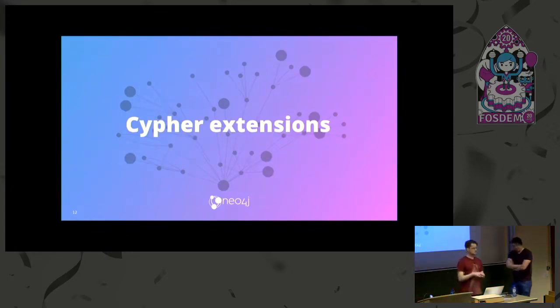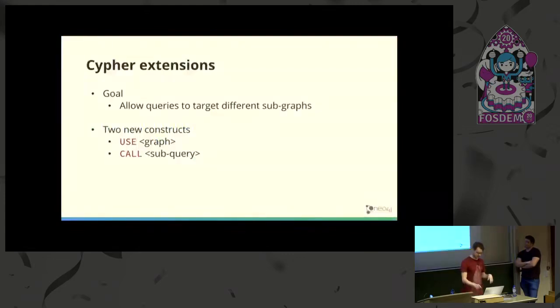Right, so assuming we have our data now split over some set of disjoint subgraphs, how could we use Cypher to query across those? We introduced two new constructs to Cypher, which are USE and CALL subquery.